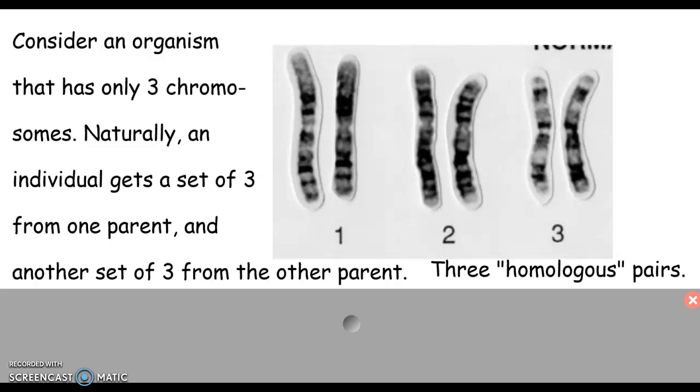Chromosome number one on the left maybe has come from the father, and the one on the right-hand side of that pair might have come from the female.